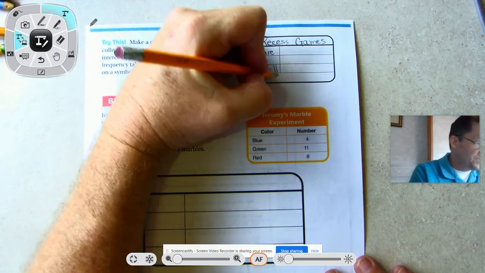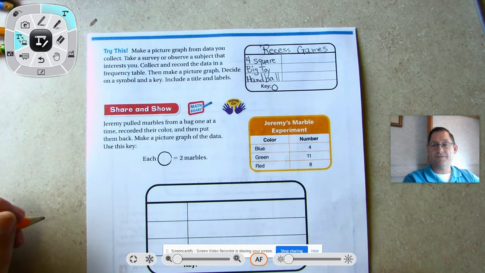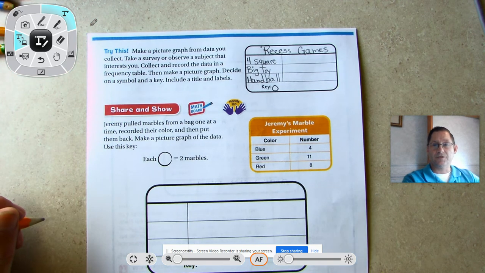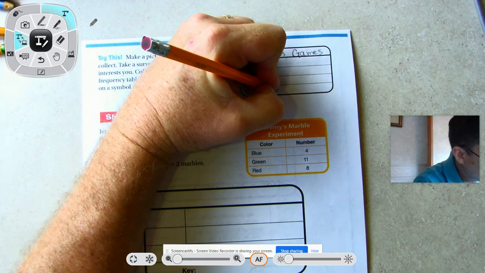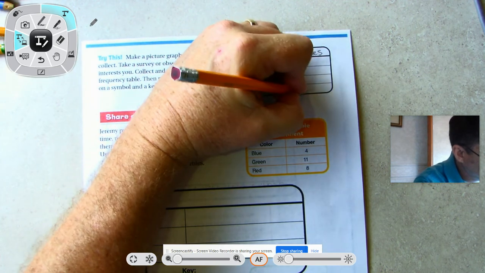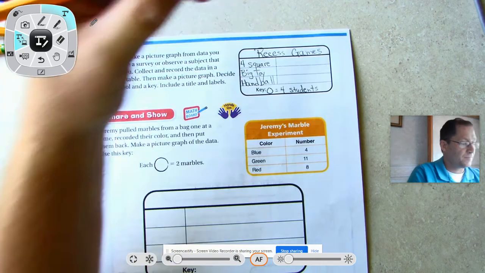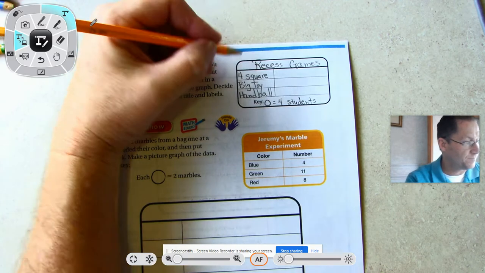Okay, and each circle in our graph is going to stand for 4 students. Okay, and 12 students chose Foursquare.